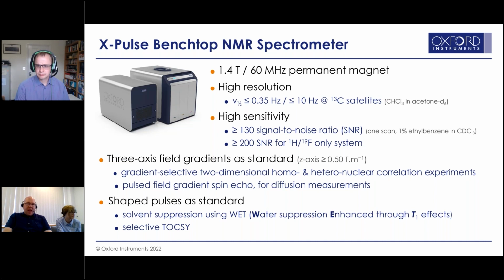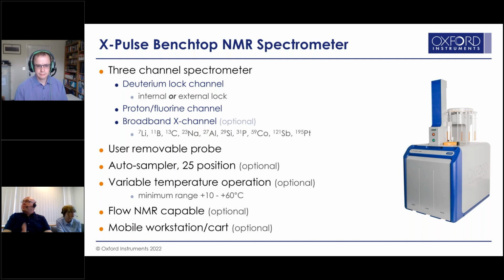So in terms of temperature range, the X-Pulse operates as a true variable temperature instrument in the same way as you might be familiar with from benchtop systems. It operates in variable temperature mode by temperature controlling the sample by flowing temperature control gas through.